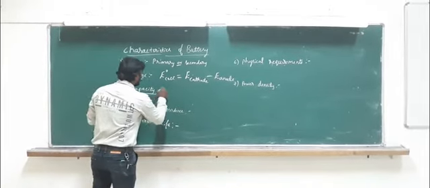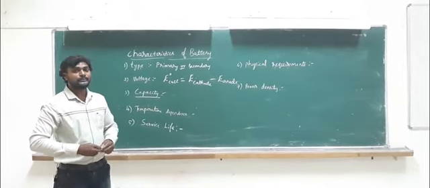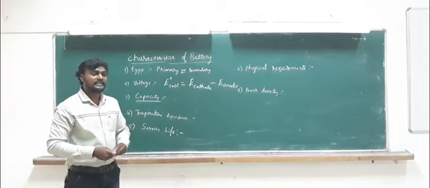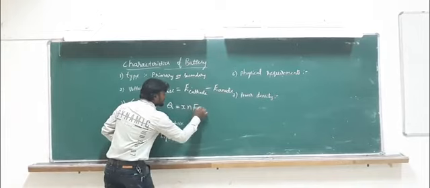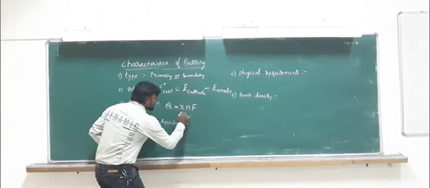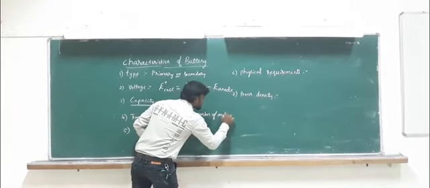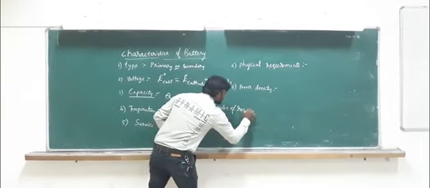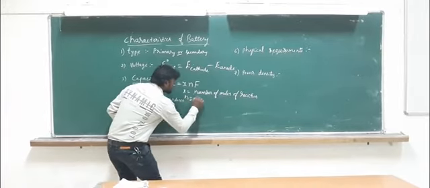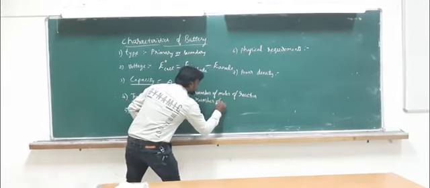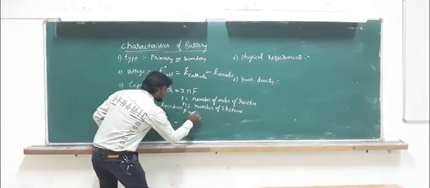Next, capacity. The capacity of a battery depends upon the quantity of electricity involved in an electrochemical cell. This may be denoted by Q equals X N F. Here X means number of moles of reaction, N means number of electrons, and F means Faraday constant.